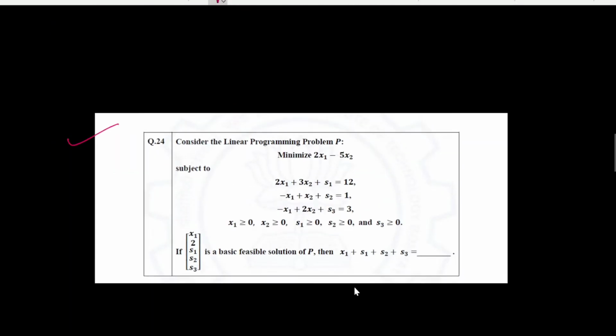Question number 24 says: consider the linear programming problem P, minimize 2x1 minus 5x2 subject to 2x1 plus 3x2 plus s1 equal to 12, minus x1 plus x2 plus s2 equal to 1, minus x1 plus 2x2 plus s3 equal to 3.